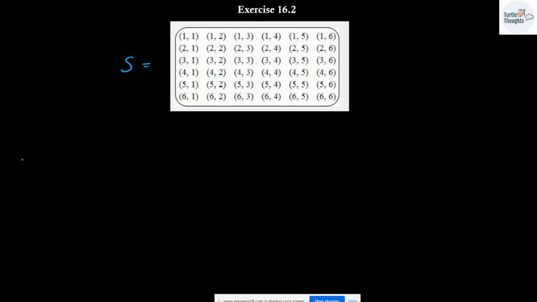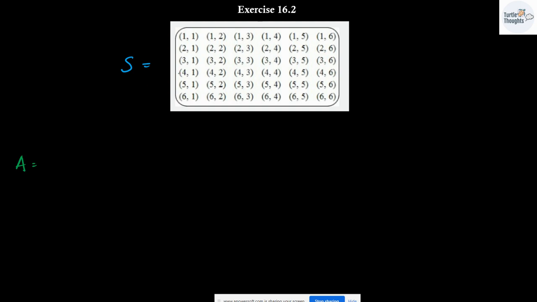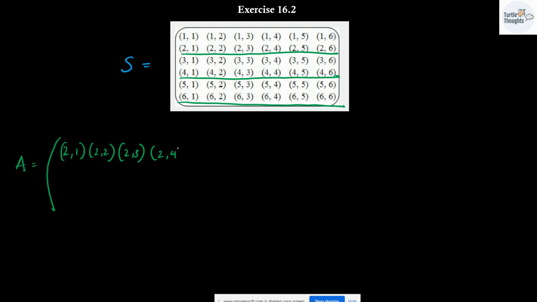Event A is getting an even number on the first die. On the first die, I should be getting an even number. So all these numbers I can write: 2 comma 1, 2 comma 2, 2 comma 3, 2 comma 4, 2 comma 5, 2 comma 6.